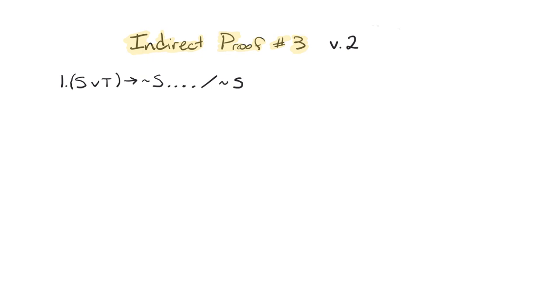Another way of saying that this conclusion tilde S follows from this premise is to say that there's no case where this argument has a false conclusion and true premises.